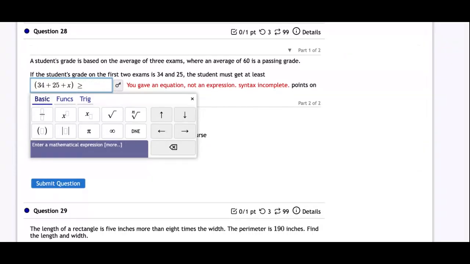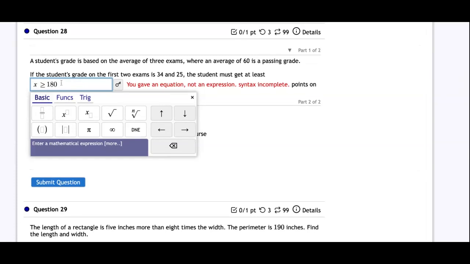3 times 60, that's 180. Then 34 plus 25, that's 59. So let's minus 59 on both sides. So 59 is 1 point from 60, right? 180 minus 60 is 120, then plus 1, so 121.